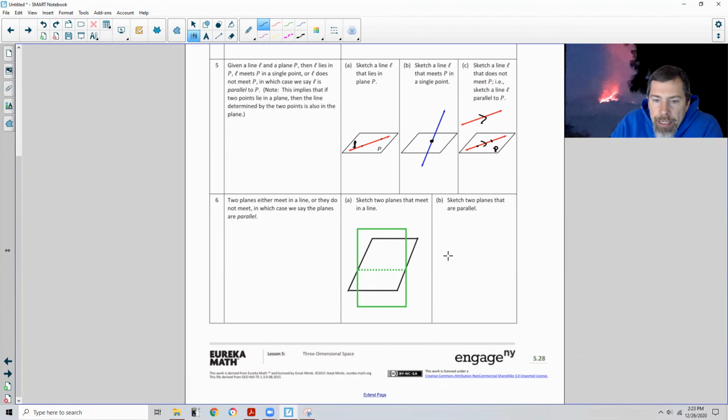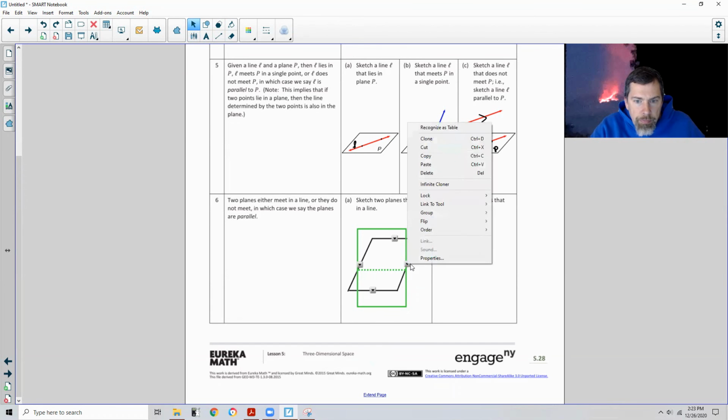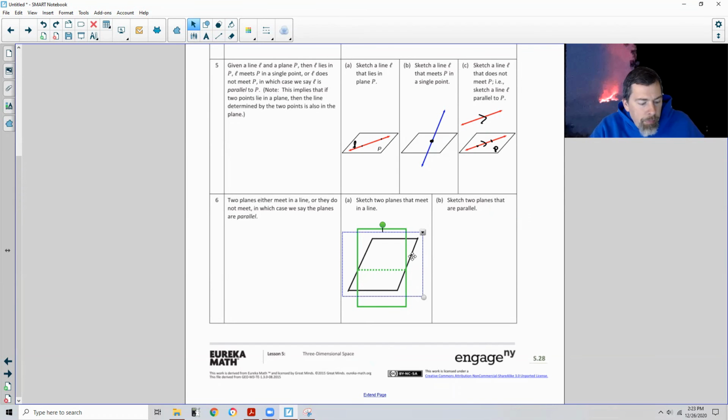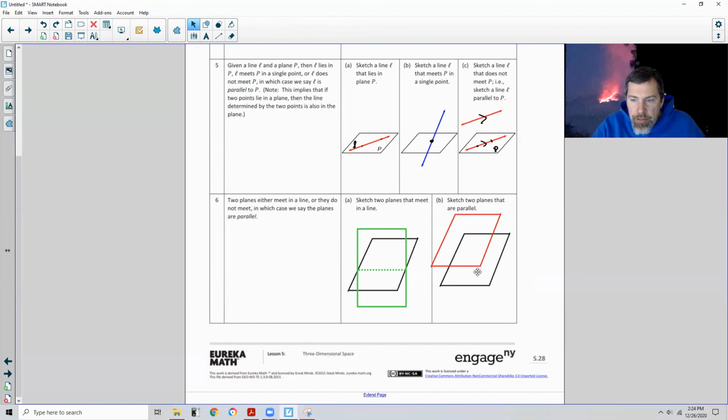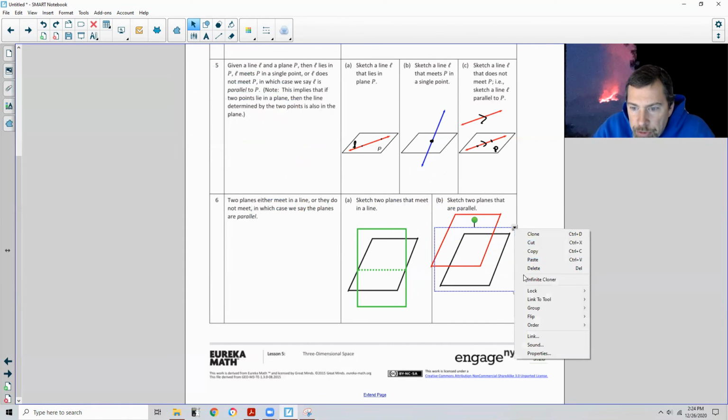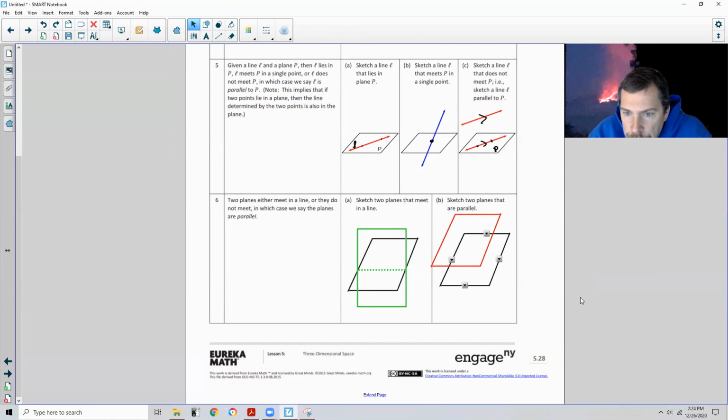And then it says sketch two planes that are parallel. So that's easy. All I need to do is take this, copy it, put it here, and then do another one. Change its color to, say, red, and move it to, say, here. So that is a distance off, and then I would want to, actually, let's explode that. Ungroup.